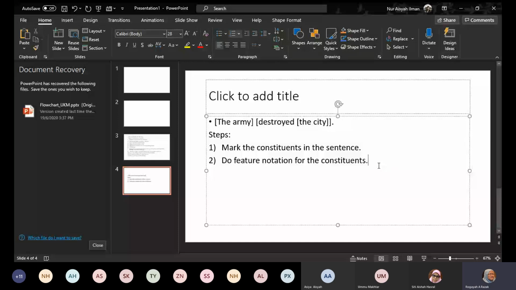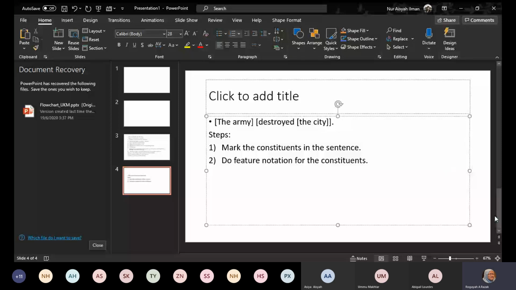That means you have to do the feature notation for the city, for destroyed, for the army. In actual fact, you have to do city first, or you do the first, and then what the requires, and then city, and then destroyed, and then the first, and then army.